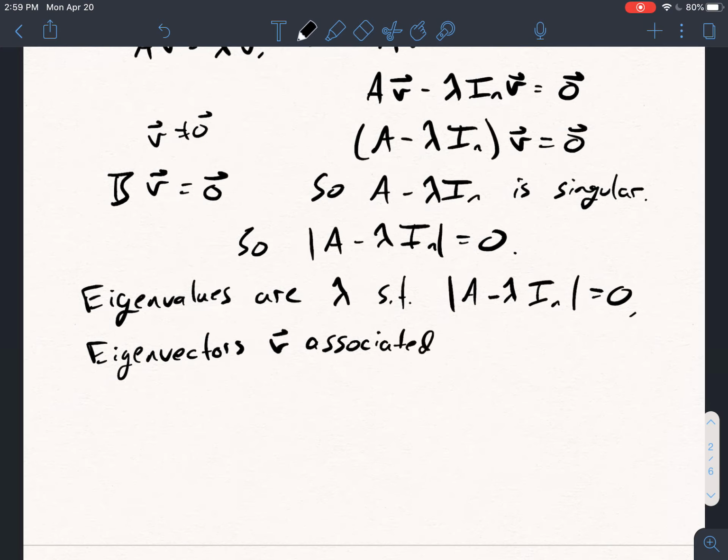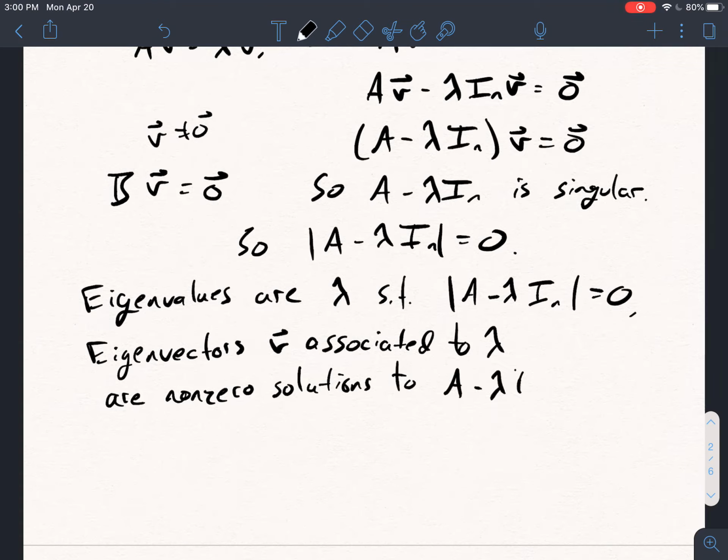And then eigenvectors v associated to lambda are non-zero solutions to the equation (A minus lambda I) times v is equal to 0.